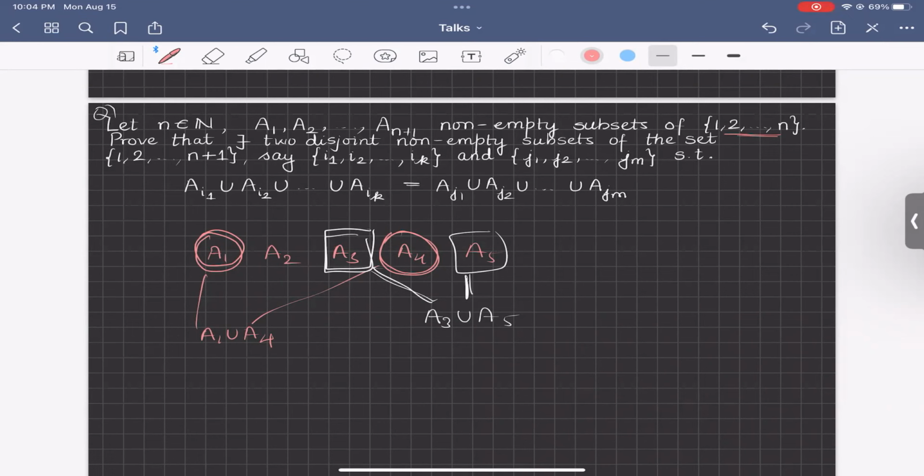Yes, you're right. Can we just try to denote these subsets by vectors? It would be nice. Yeah, you could do that.